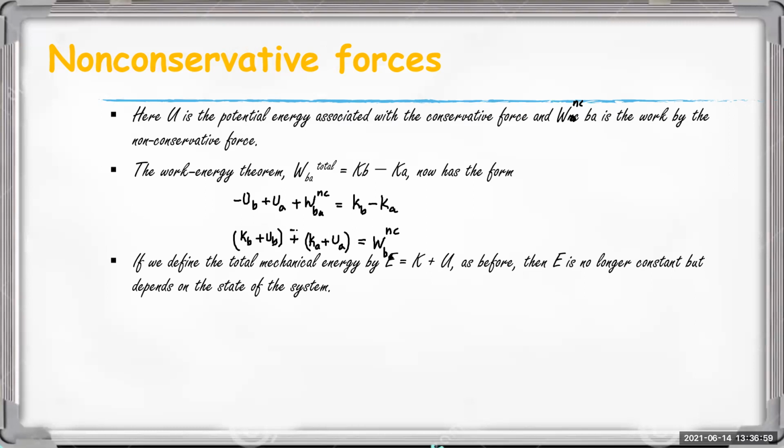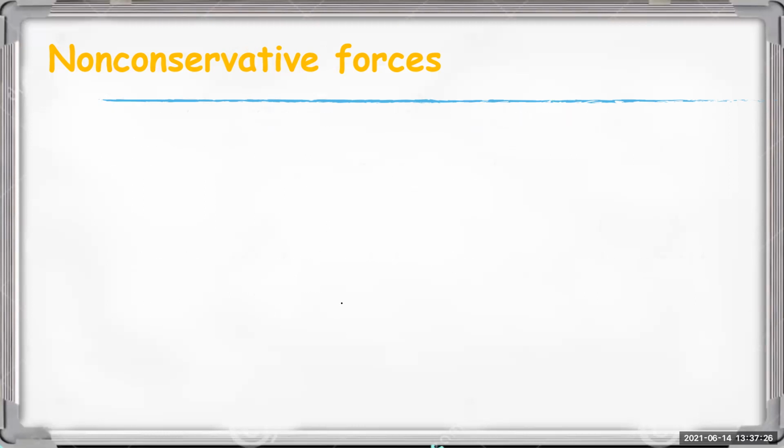Here it is minus, not plus. Look here, it is minus, and UA must have a minus here. Then we have EB minus EA must be equal to W BA NC.